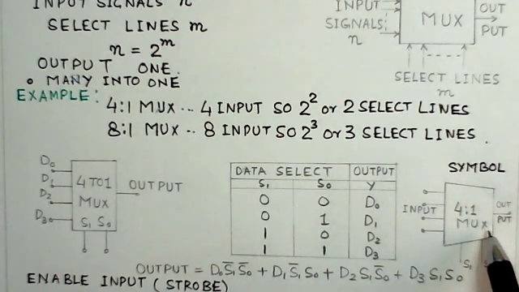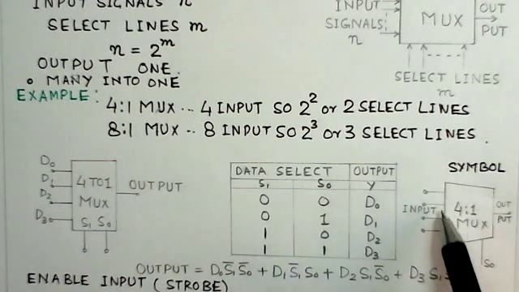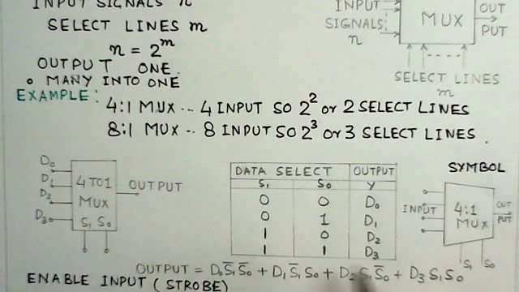This is a 4:1 multiplexer, so this is the corresponding symbol. There are 4 input lines and 1 output line. Instead of the block diagram, presently this symbol is quite commonly used. You will see in gate examination question papers for multiplexer this symbol is quite common.